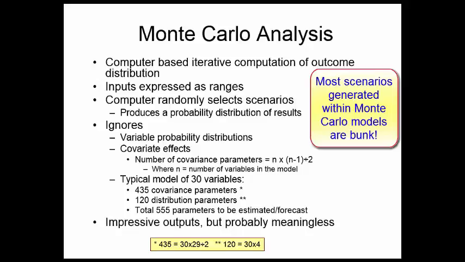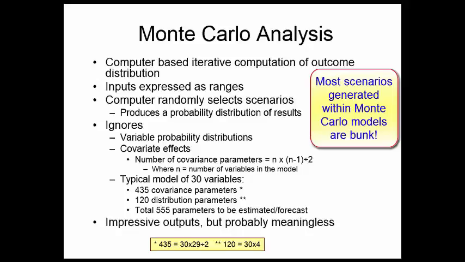If we say that there's some relationship, say, between interest rates and discount rates, and some other relationship between rents and property growth, and whatever, we can enter into the model a set of covariance parameters which are able to tone down the random allocation of values, which is the principal problem with the Monte Carlo analysis. That sounds good in theory, but the only problem there is that even in a very small model, the number of covariate parameters that is needed becomes extremely high.